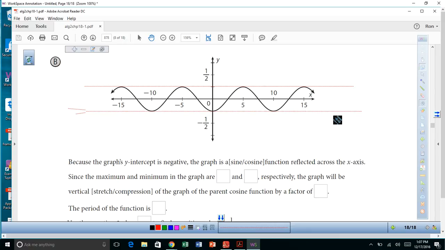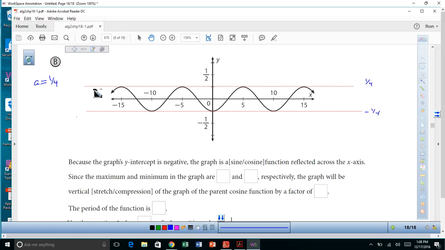So okay. Now why did I do that right there? If you notice, it gets up to 1/4 and it goes down to negative 1/4. So my amplitude A equals 1/4. Okay, because the midline here is the x-axis, so it's 1/4 above and 1/4 below.